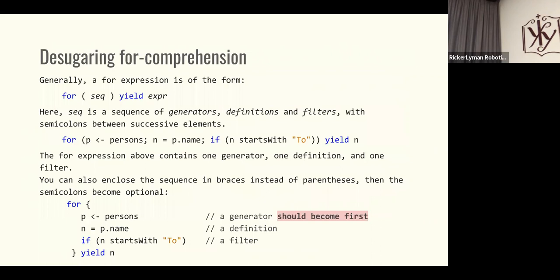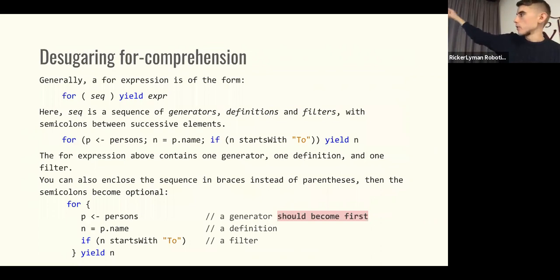In this case, this is called a generator, this is called a definition, and this is a filter. And you can as well enclose it in curly braces. This is, I would say, the encouraged syntax, while this is just the one-line syntax.